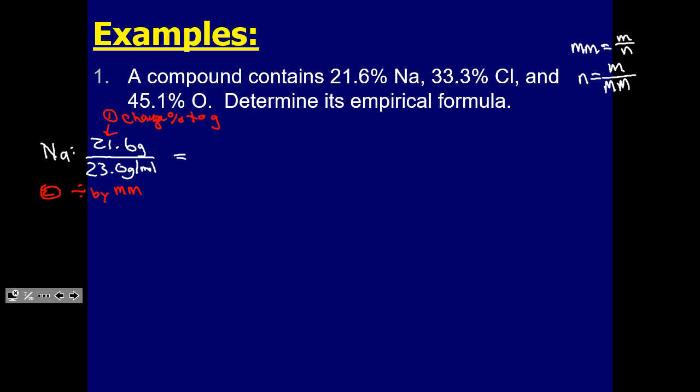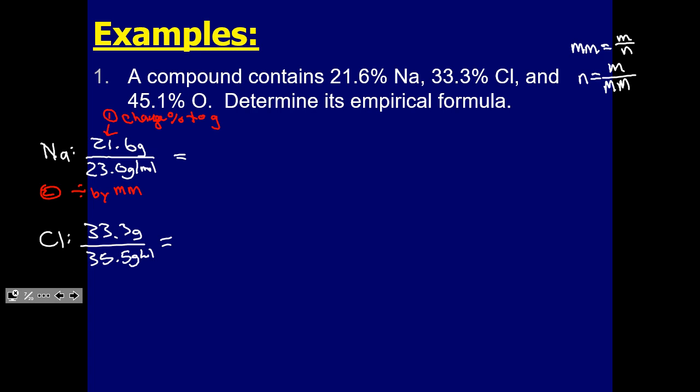Chlorine. Turn it to grams. 33.3. Divide by its molar mass, 35.5 grams per mole. Equals.